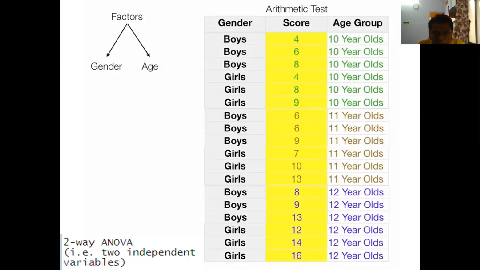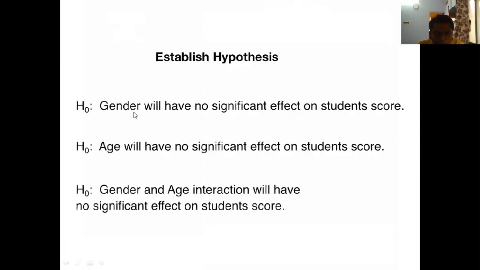Now these are the hypotheses. In two-way ANOVA, interaction effects are also considered. The null hypothesis is gender will have no significant effect on student score. The alternative hypothesis is gender will have significant effect on student score.